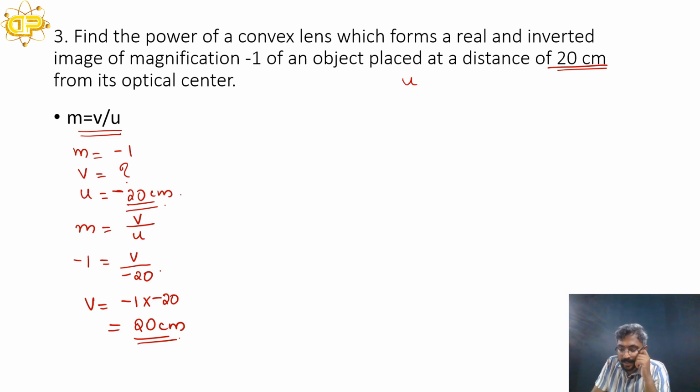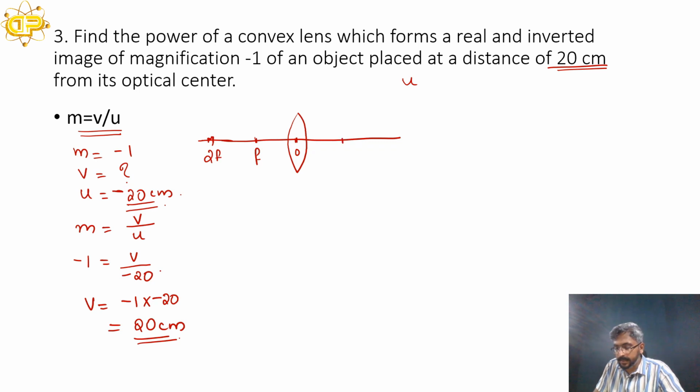Then, which lens is this? It's a convex lens. Here, this is the optic center, this is the principal focus f, and this is 2f. Let these be f1, f1, f2, f2.